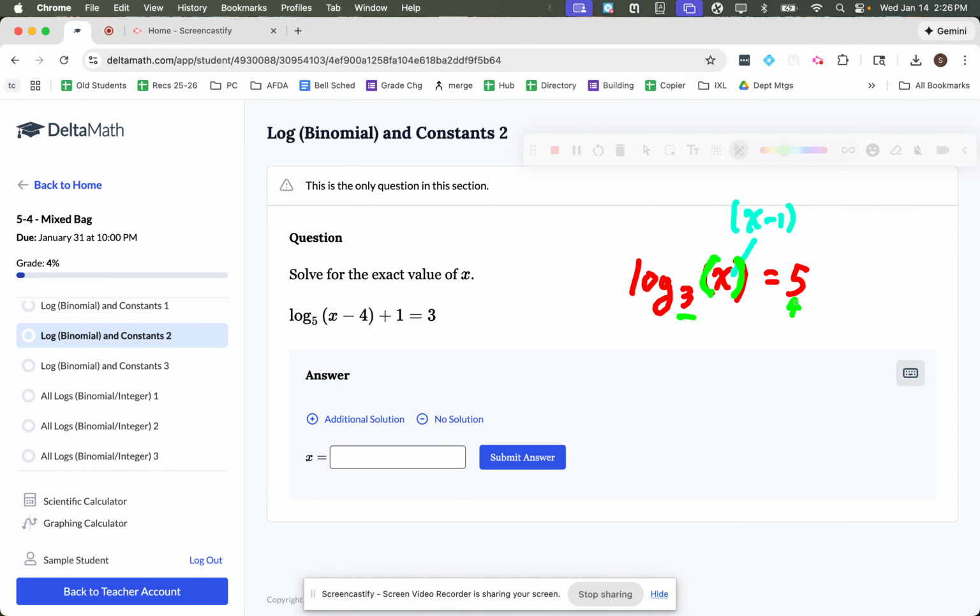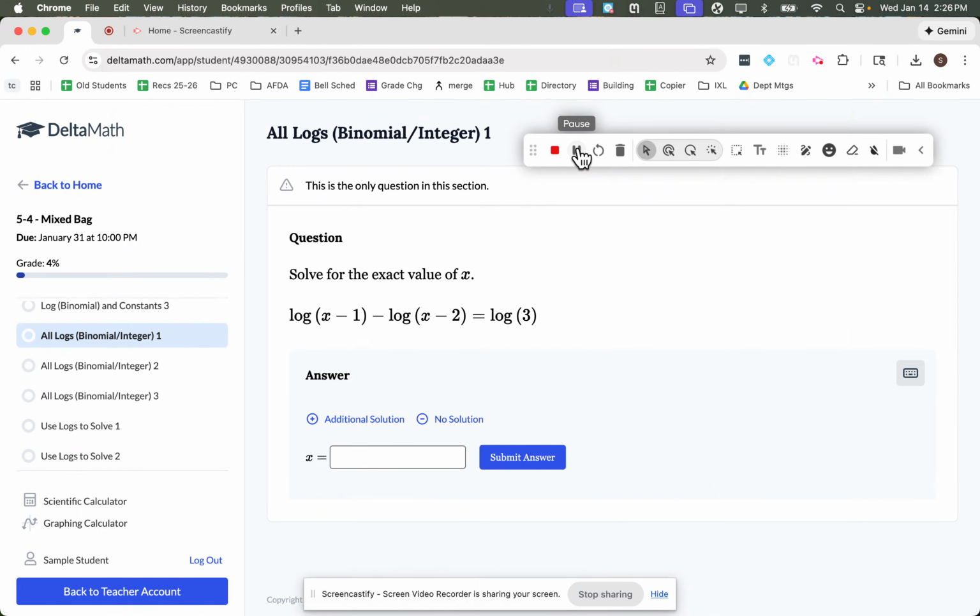You pull down this base, 3, and because a log is an exponent and we're equating the two, here's my exponent on the 3, equals whatever this argument is, x. In that case, it's x. Who knows? Maybe it's x minus 1. Well, look how easy this equation is, right? Put that in the calculator, solve for x.